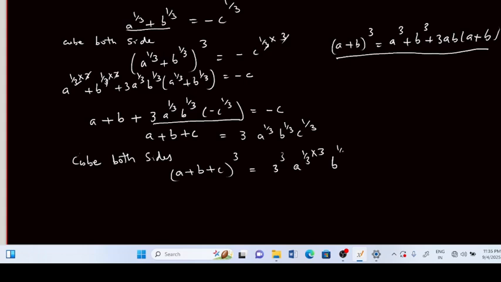So here we can cancel the 3. So 3^3 can be written as 27 times a into b into c. On the left hand side we have (a + b + c)^3. Hence it is proved.